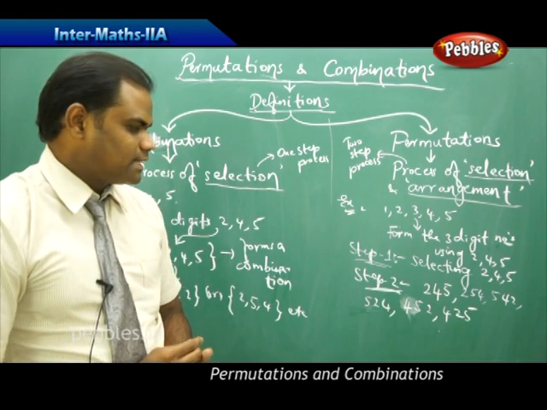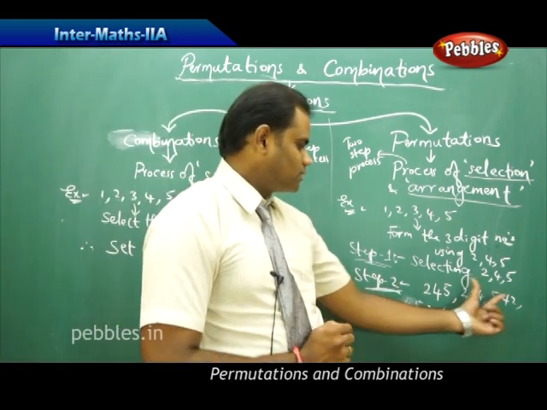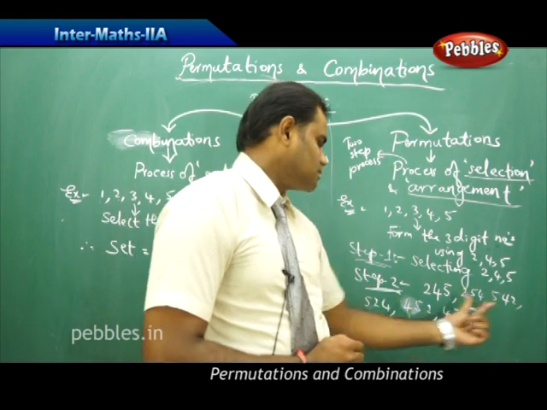So totally I have 6 different possible ways of arranging the digits, which is this, this, this, this, this or this.